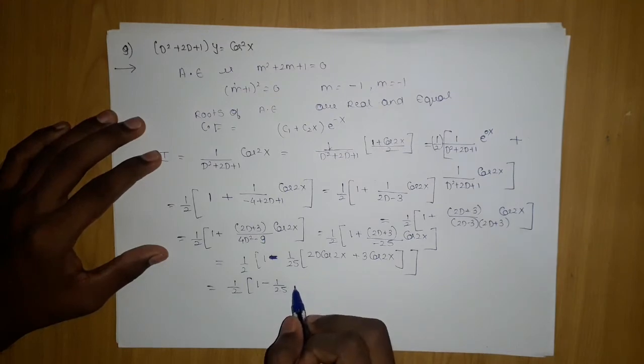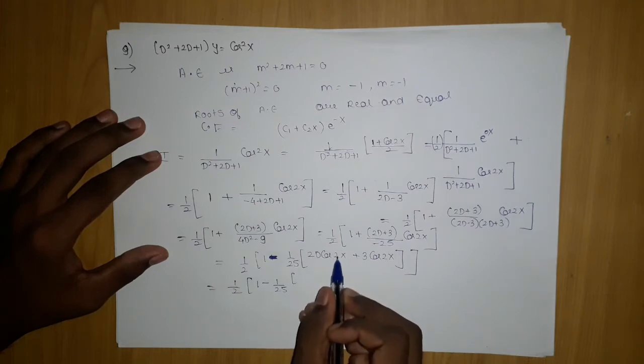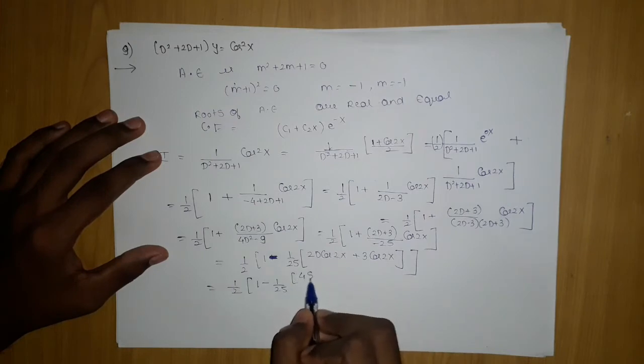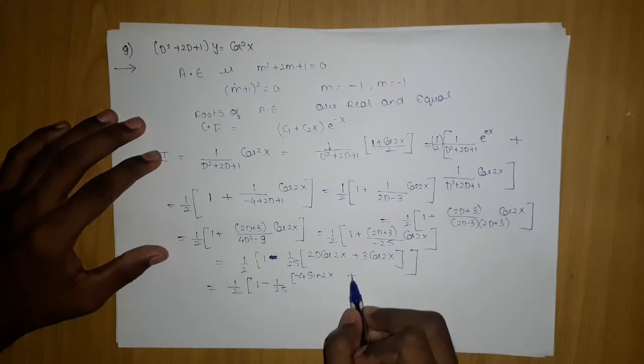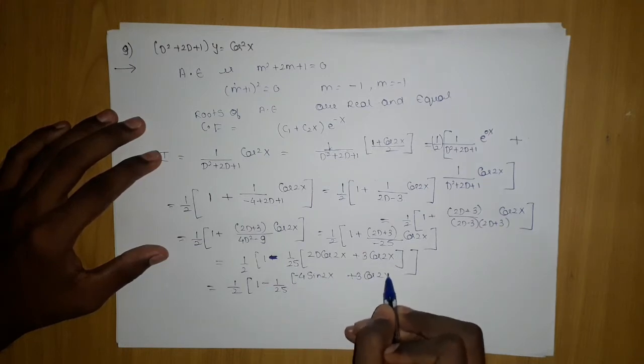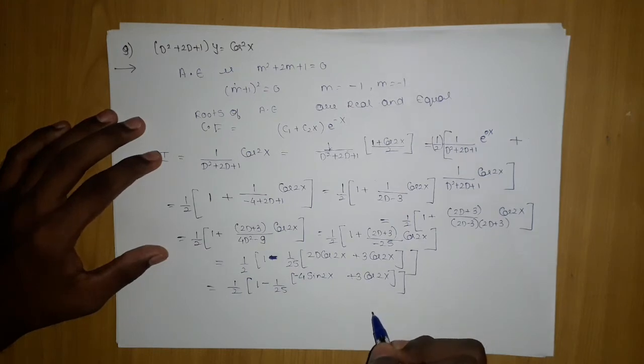Differentiation of cos 2x creates a negative sign. Be careful with that, and with the chain rule, 2 will also be multiplied, so 4 sin 2x, plus 3 cos 2x as it is. So this is our final answer.